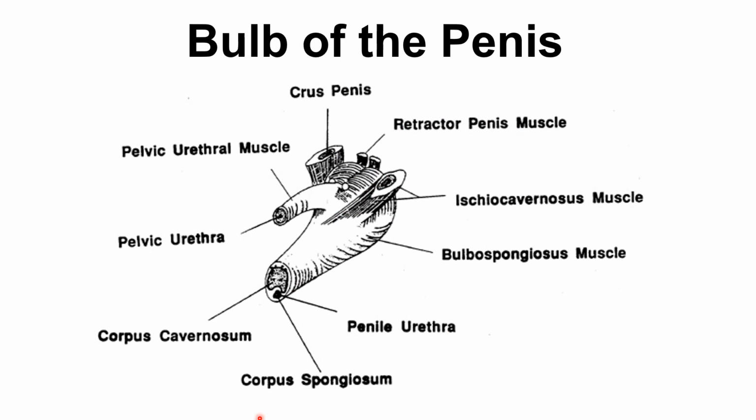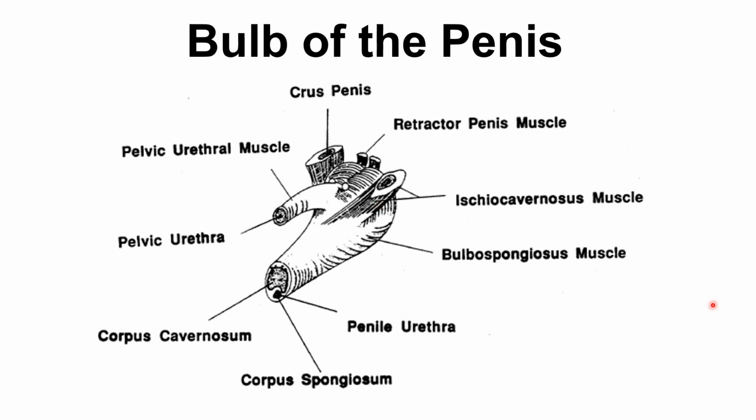So this is the diagram for the bulb of the penis. This portion here is the location of the pelvic urethra, and the pelvic urethra is of course a tube. It is surrounded by the pelvic urethral muscle. We also have the bulbospongiosus muscle, this part, and it is located around the back of the bulb of the penis.